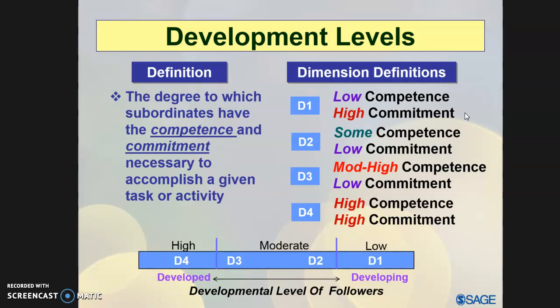On the other hand, on D2, you can see that they need a little help with both task and supportive behavior. This is the coaching style. Then D3 is the supportive style because they're very, very low on commitment and they're doing pretty well on competence. And then D4 is when you get out of their way.